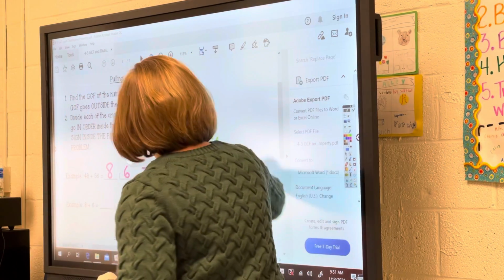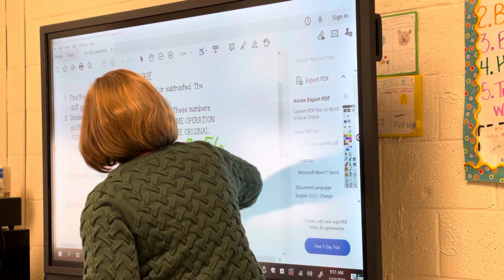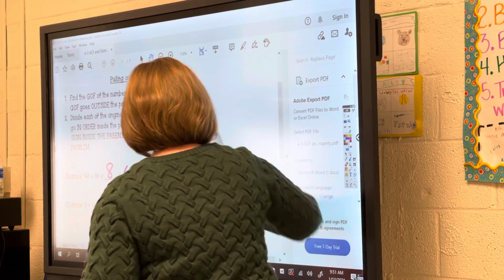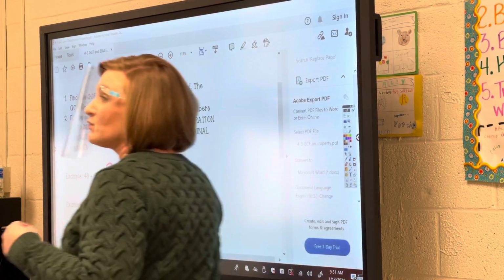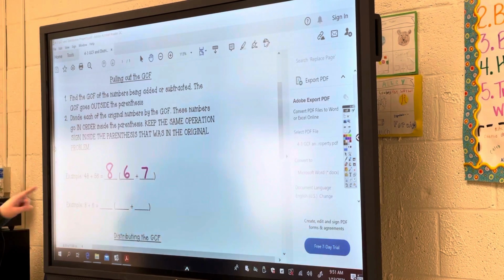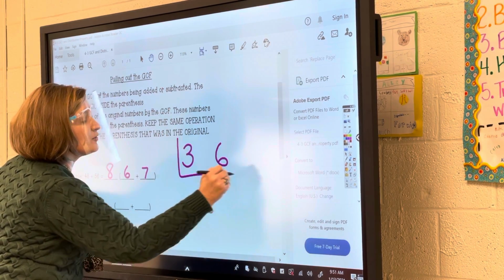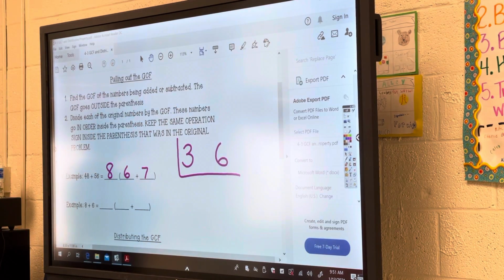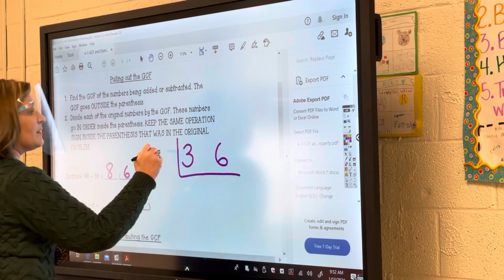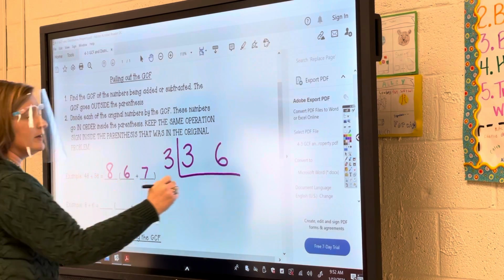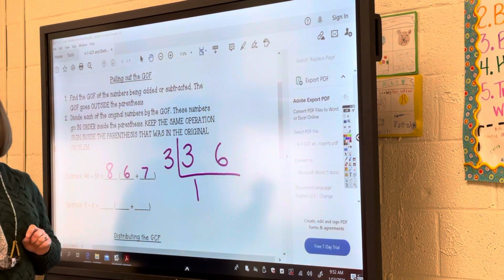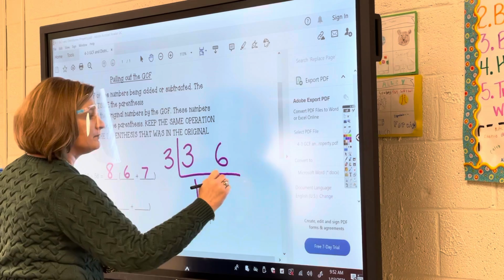I'm going to erase this just because I wrote kind of big for y'all to be able to see. And if you remember, we did this when we talked about algebra. So we have 3 and 6. So over here to the side, yours might be down a little bit. I want you to write 3 and 6 and draw your step. What can I divide 3 and 6 by? 3. 3 divided by 3 is 1. 6 divided by 3 is 2.